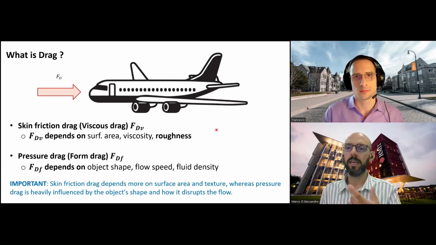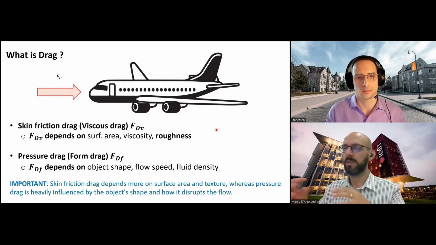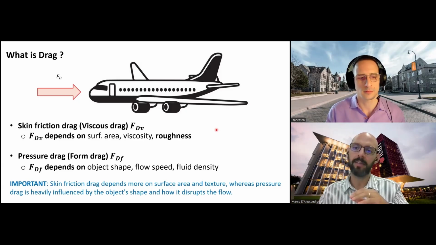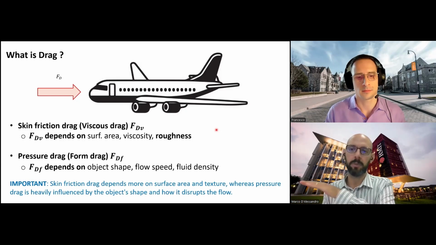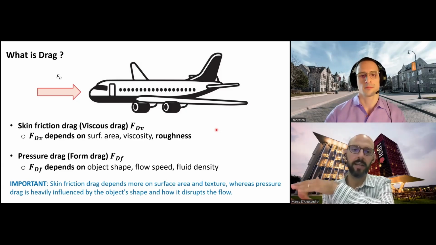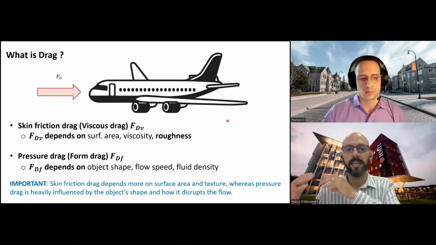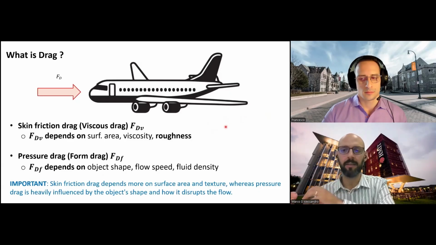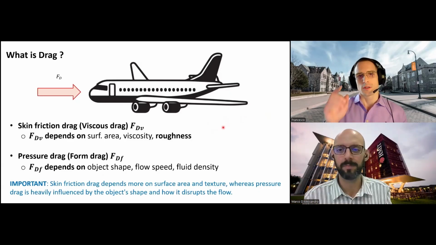And this is what we see in airfoils, in aircraft, where we see the recirculation at the trailing edge of an airfoil. It's caused by that pressure difference between the suction side and the pressure side. And we see that separation at the trailing edge. That is directly related to this pressure drag. That's where that pressure drag comes from.